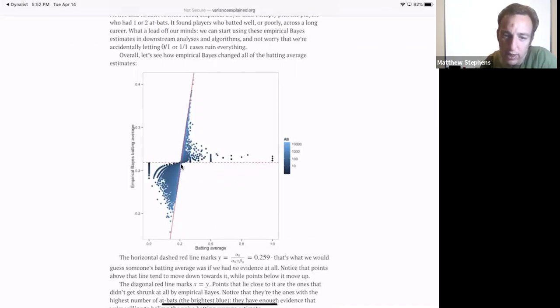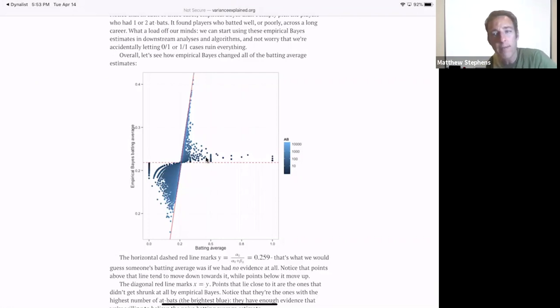The other thing to note is that all the empirical Bayes estimates on the y-axis are closer to this red dotted line than the MLEs are. So basically, if the MLE lies above the red dotted line, then the empirical Bayes method moves it down towards the red dotted line, whereas if the estimate is below the red dotted line, then the estimate moves up towards the red dotted line.